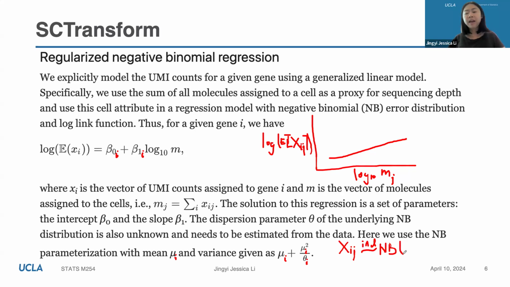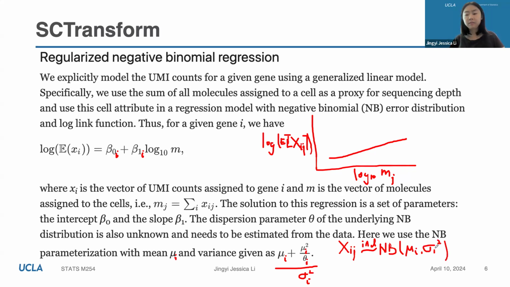I'm not writing IID because it's not an identical distribution, but they are independent, with mean mu I and dispersion parameter theta I. This together gives the variance, and that's the negative binomial mean and variance. It's not easy to use both the PowerPoint and writing, so I'm just trying.